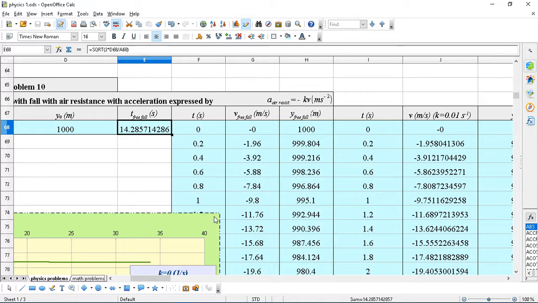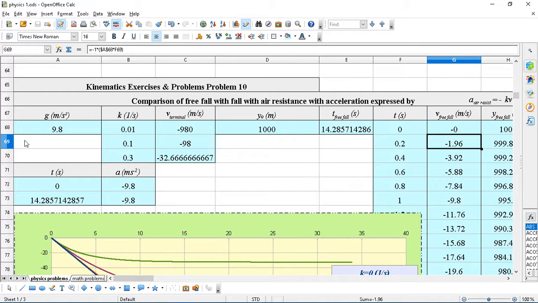Okay, so for the free fall, we calculate the values for the velocity and for the position. We know that the acceleration is constant for the free fall, which will be 9.8 meters per second squared.